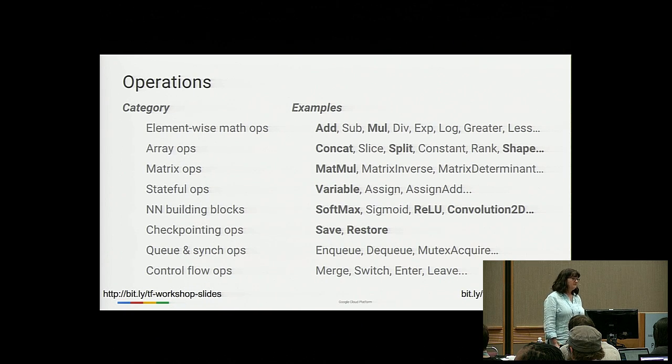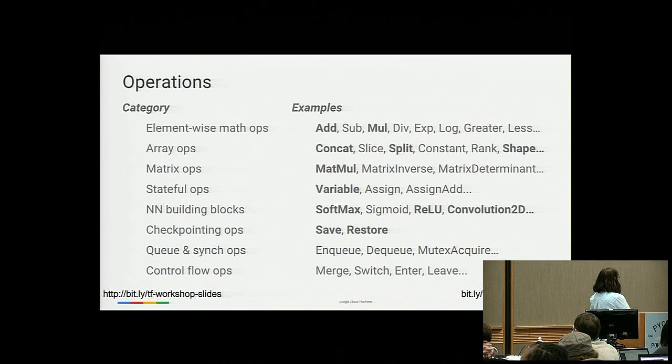And just to give a sense of the range of operations that are available, there are a whole bunch of different categories. We'll look at a lot of the neural net building blocks when we go through the exercises in this workshop.